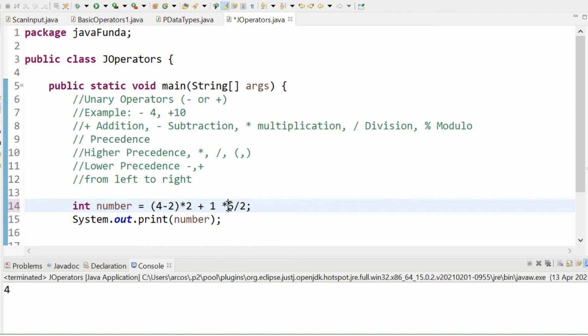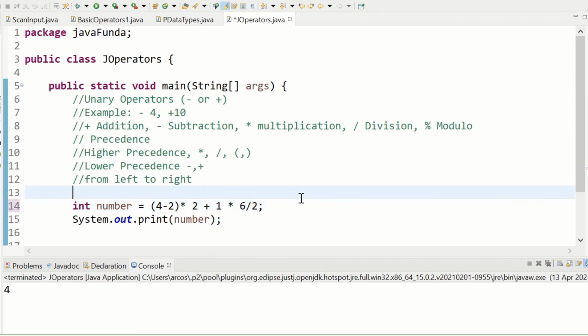For this kind of operation, we have the multiplication, so the first thing performed will be 1 times 6 before the value is divided by 2 and before it is added. That's why we use open and close parentheses to group numbers or operations or formulas in such a way that the parentheses are considered a higher precedence, performed first before the operators outside, before plus or subtraction and addition.